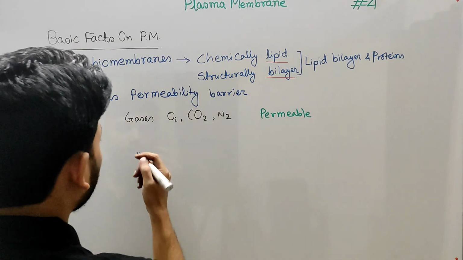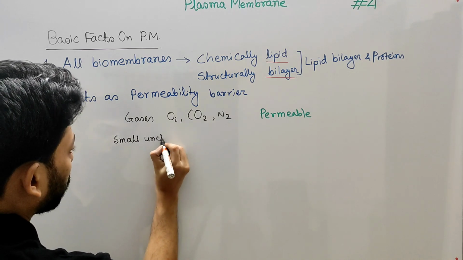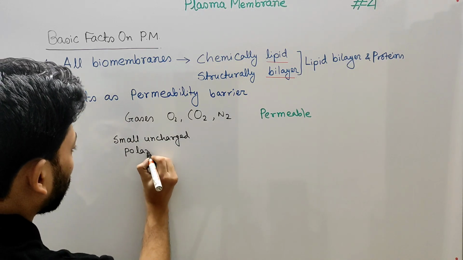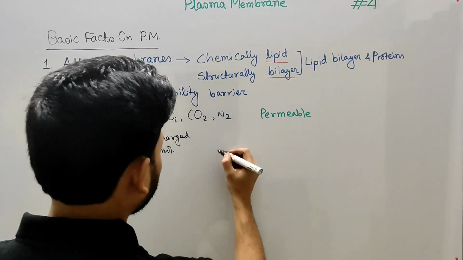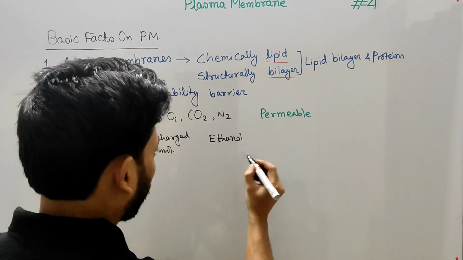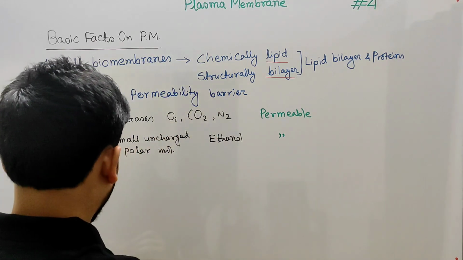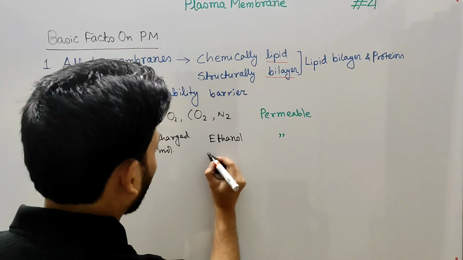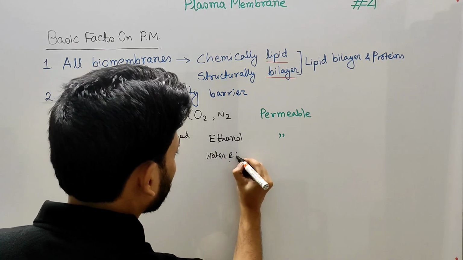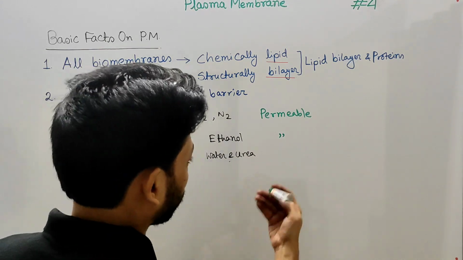Small uncharged polar molecules like ethanol are permeable. Also water and urea are slightly permeable, not completely but slightly permeable.